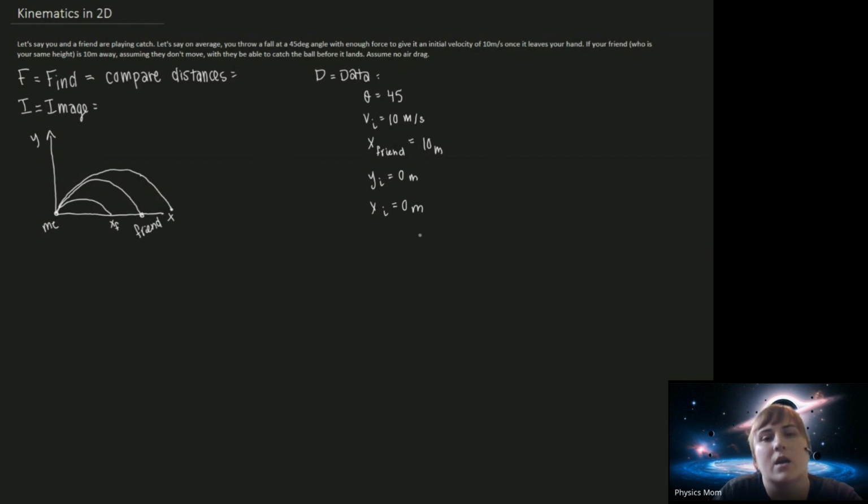So we're going to specify that the Y final is also 0 meters if it were to reach my friend. So essentially, how long would it take to go past that distance, so to speak? So that's going to be D for my data. The next letter in the acronym FIDESA is E. E stands for equations.